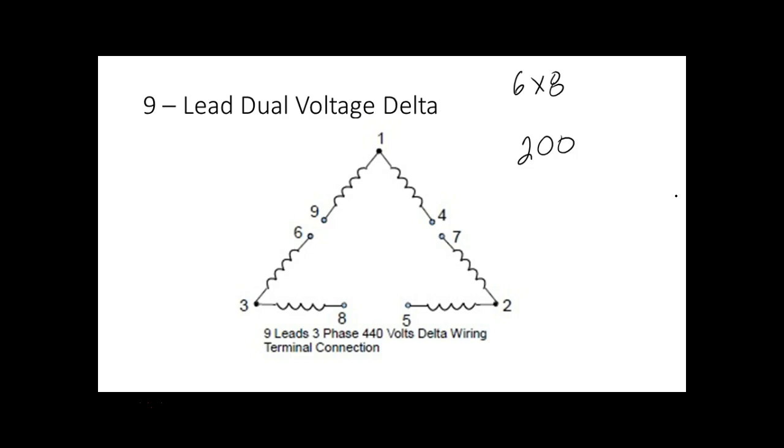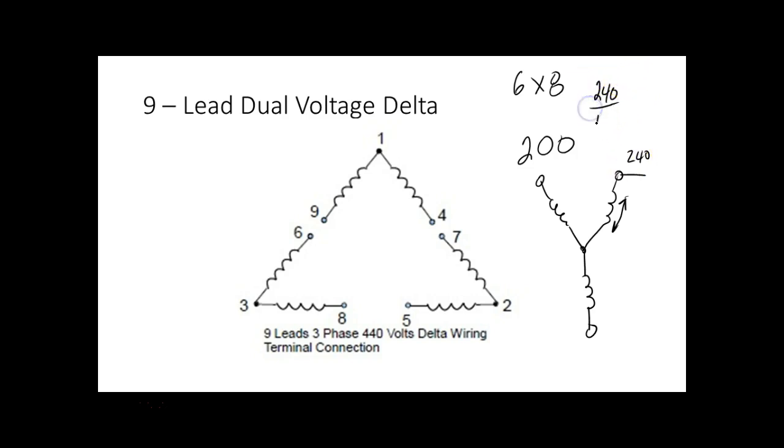So what happens when we have a Y winding? When you have a Y winding, whatever voltage you bring in, the coil that goes to the motor sees that divided by the square root of 3.